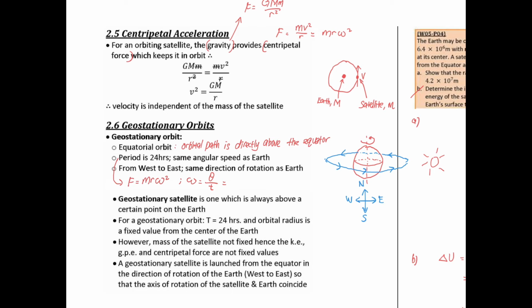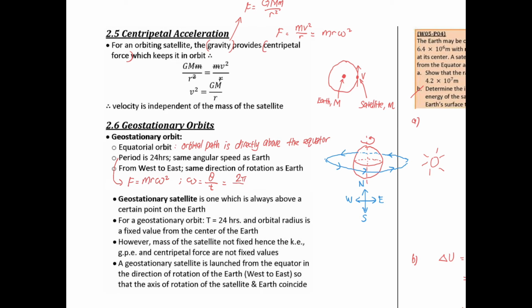So now, when you have that information, where the period is 24 hours, to move one round, the time span is the period. And to move one round, the angle is 2 pi, which is 360 degrees. So theta is 2 pi.